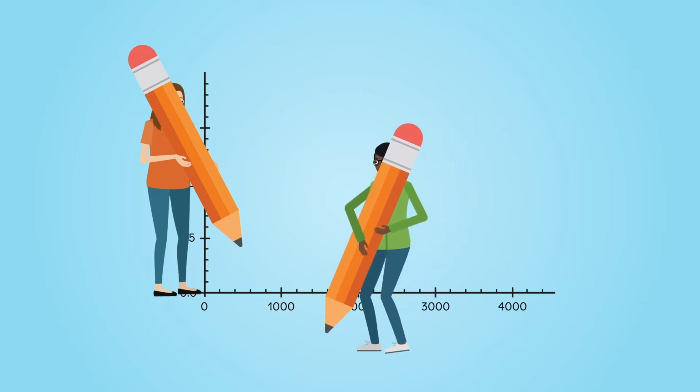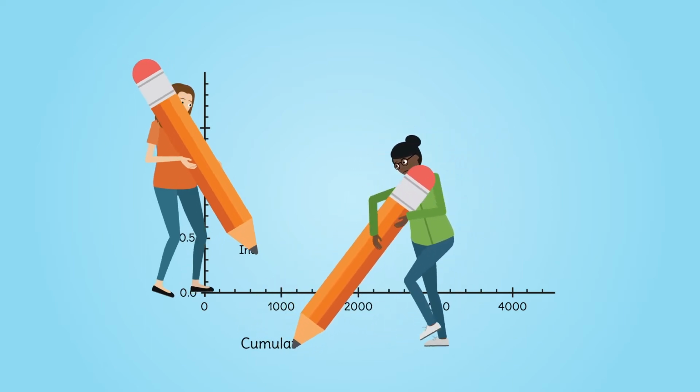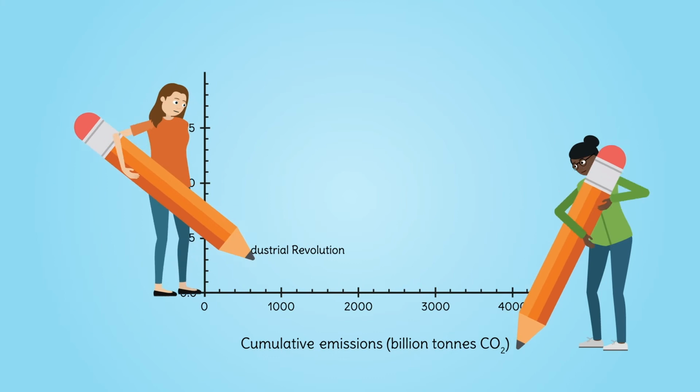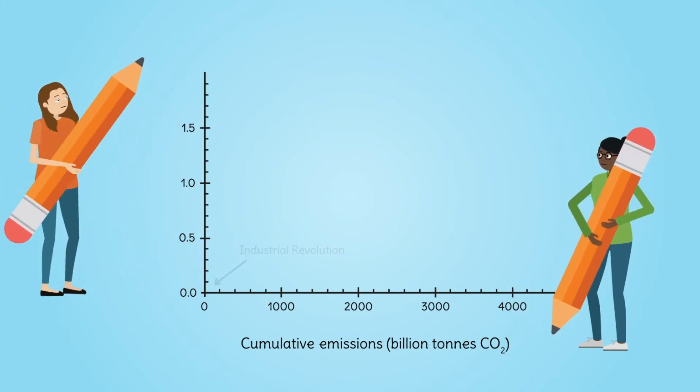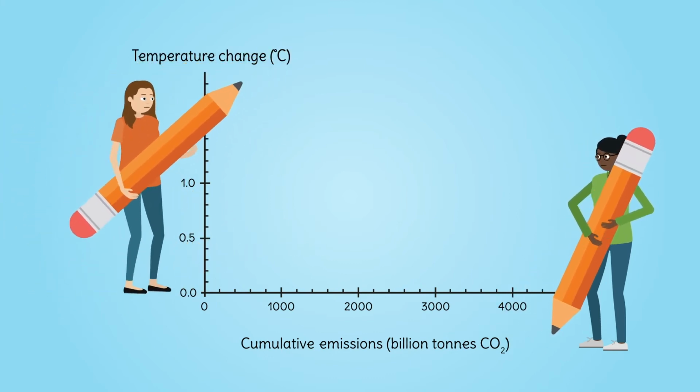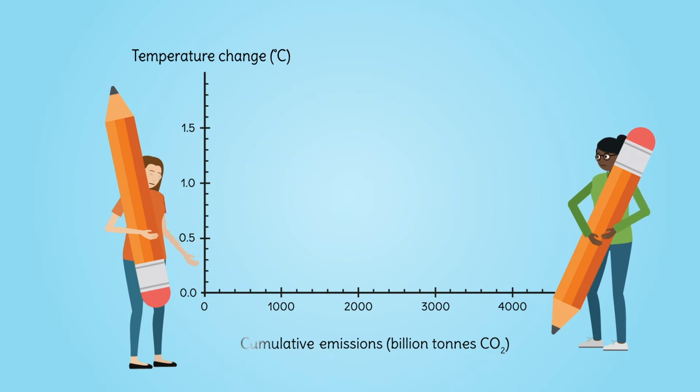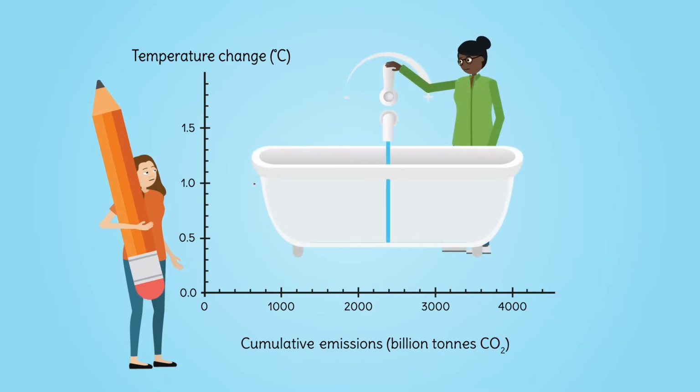Cumulative emissions, along here, are the total CO2 emissions that we've added to the atmosphere since the Industrial Revolution. Up here is global temperature change. The reason we refer to cumulative instead of yearly emissions is because when we add carbon to the atmosphere, it stays there. Imagine the atmosphere's a bathtub.